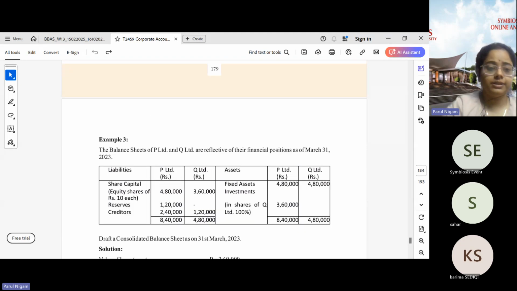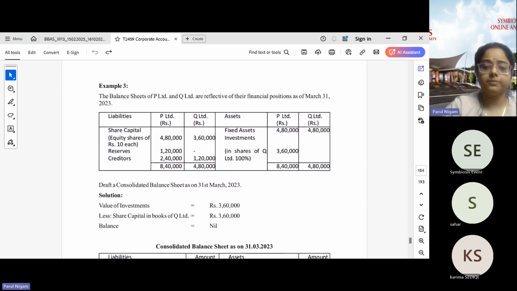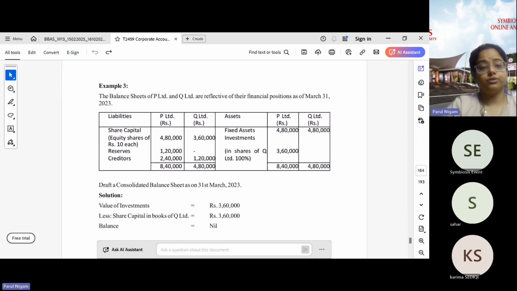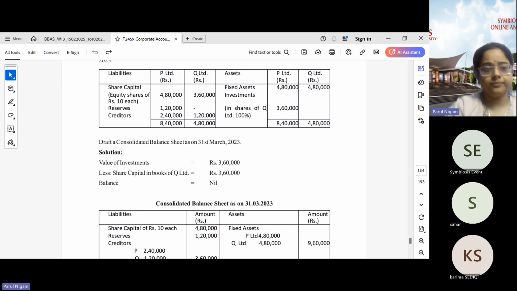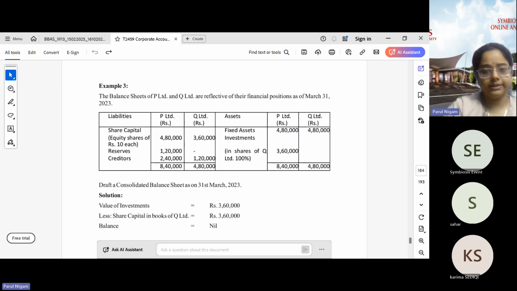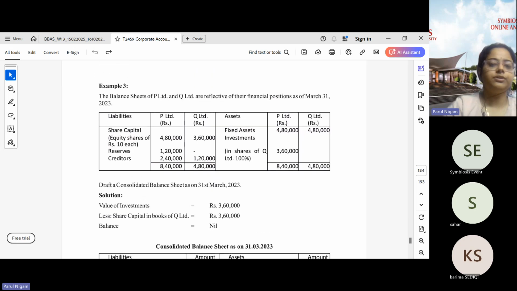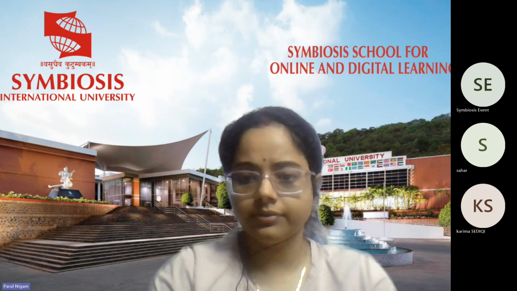And if you face any difficulties, you don't understand it, you can please drop us a mail. We'll try to resolve your query. Okay. So same question, like two balance sheets will be given and then you have to consolidate it. And in most of the cases, you will be having, just give me a second. I don't know if I'm sharing the PDF.